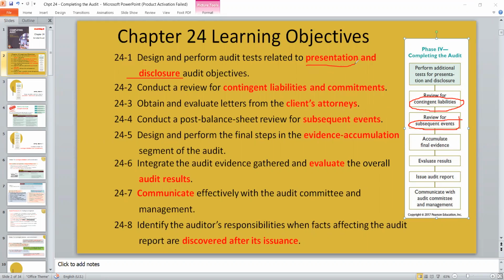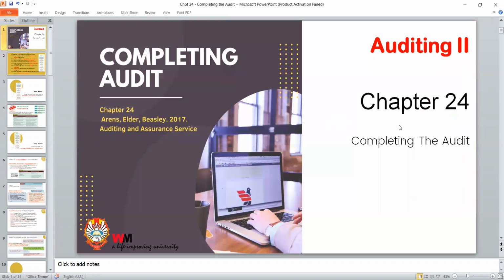So all of the information should be complete, including the contingent liabilities, including the subsequent events. It means including the future events that can affect the financial statement. Okay. So that's the summary of our chapter 24.